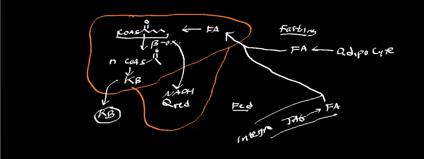So in these two states, when you have lipid and protein in the diet or you're in the fasting state, the way the liver gets its energy is through beta oxidation. It produces NADH and reduced ubiquinol, and those power proton pumping, which powers ATP synthase for the synthesis of ATP. So that's the general physiology of what's happening.